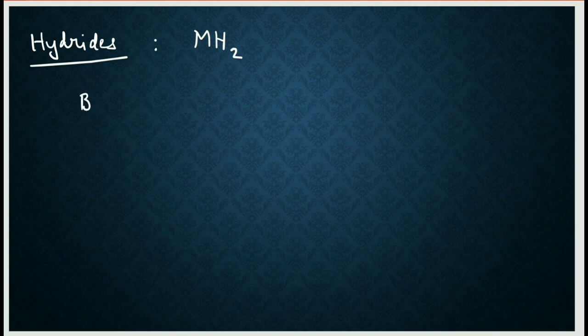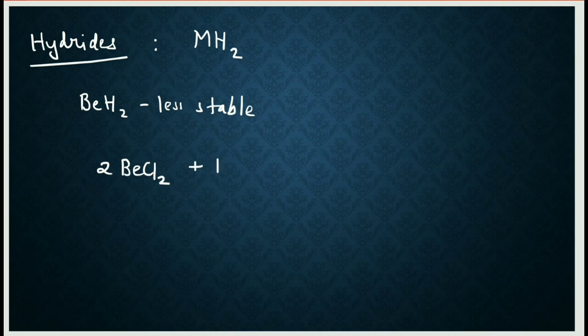And BeH2, beryllium hydride, is difficult to prepare and it is less stable. How can this be prepared? 2BeCl2, beryllium chloride, is taken and reduced with lithium aluminium hydride.